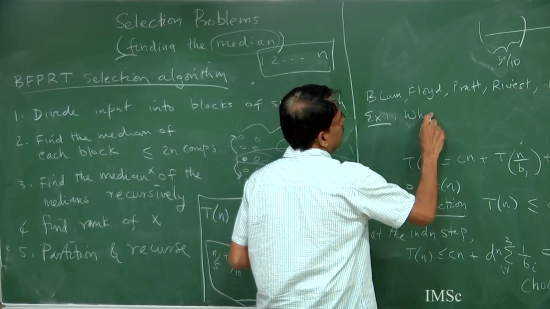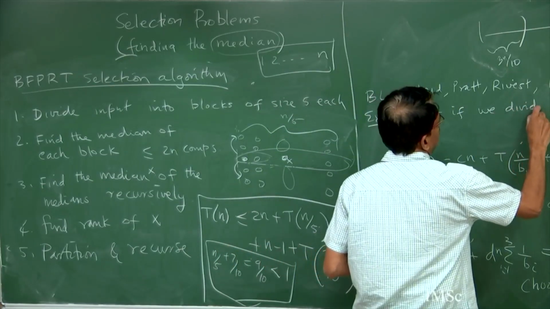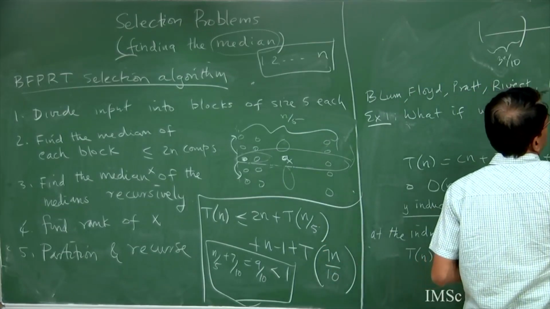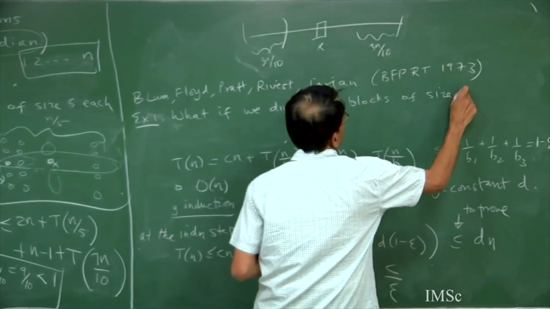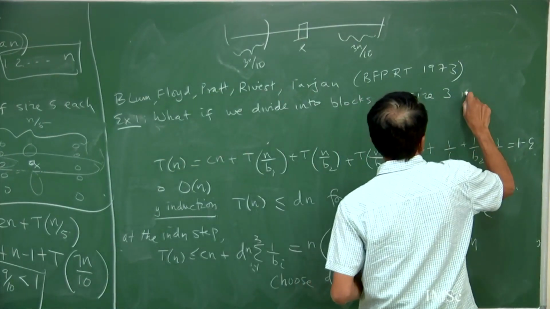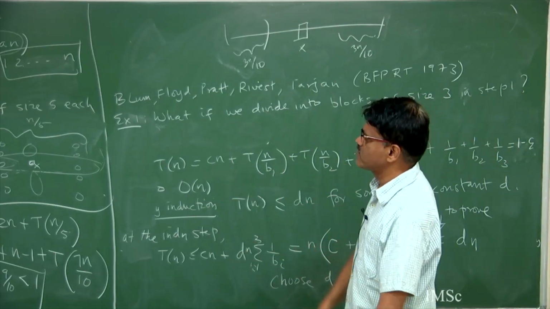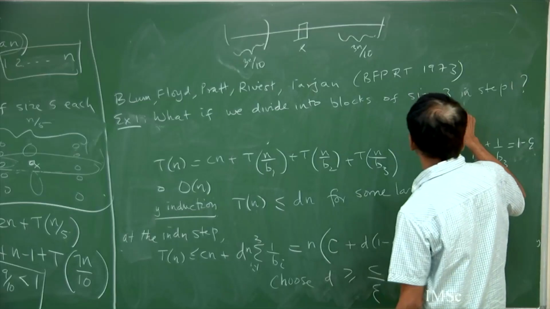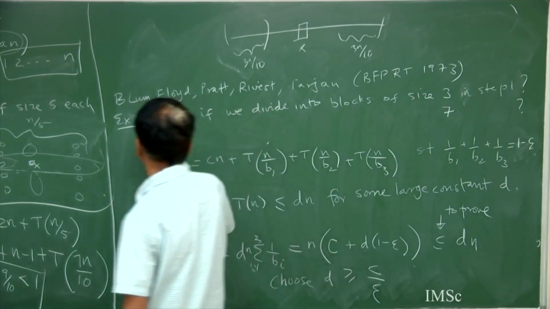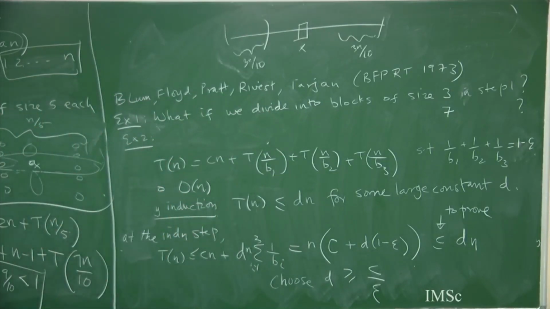What if we divide into blocks of size 3 in the first step, and everything else remains the same, or 7, for example, or 9?